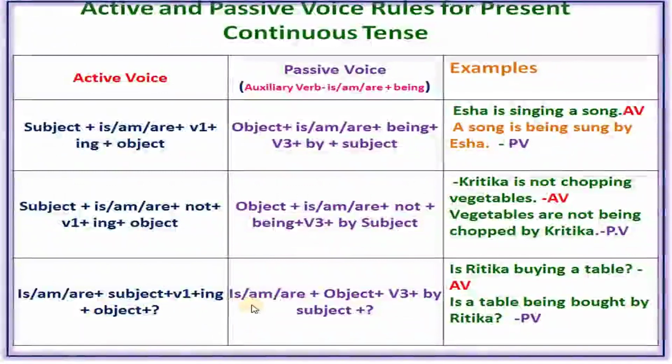Our pattern: auxiliaries plus object plus being plus V3 plus by plus subject. It is the formation of passive. Is Ritika buying a table? This is the active form. Is a table being bought by Ritika? This is the passive form.